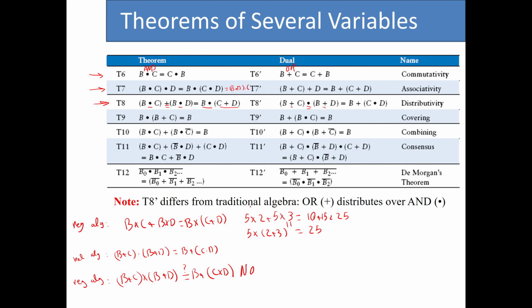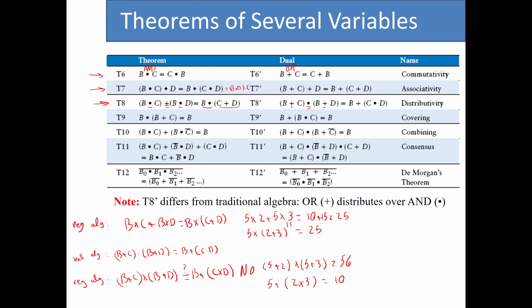So let's just use the same variables as before. For the left side, we have 5 plus 2 multiplied by 5 plus 3. So 7 multiplied by 8, it's 56. The right hand side says 5 plus 2 multiplied by 3.